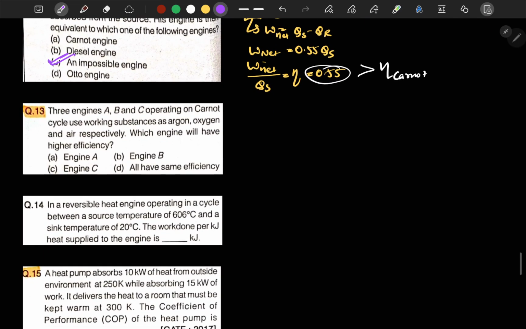Moving to the next question, number 13. It is mentioned that three heat engines A, B, C operating on the Carnot cycle use work substances argon, oxygen, and air respectively. Which engine will have higher efficiency?